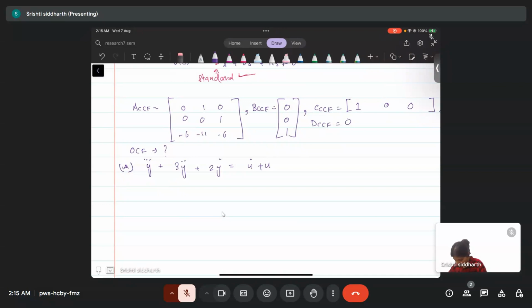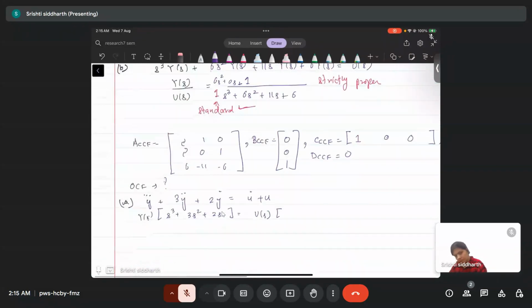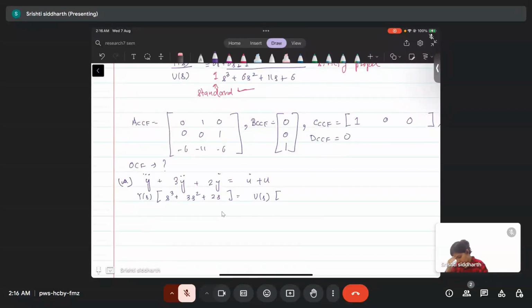So we have s cube plus 3s squared plus 2s on the left, and on the right it's going to be s plus 1.